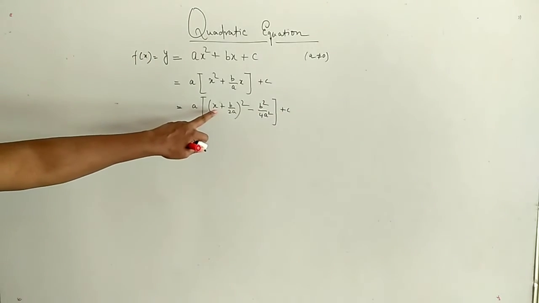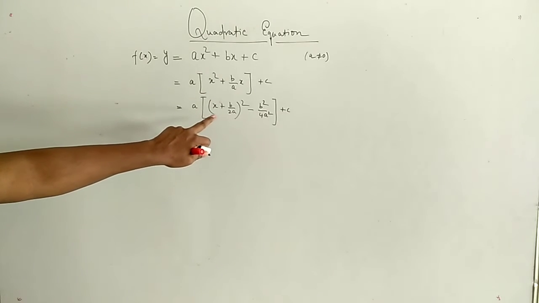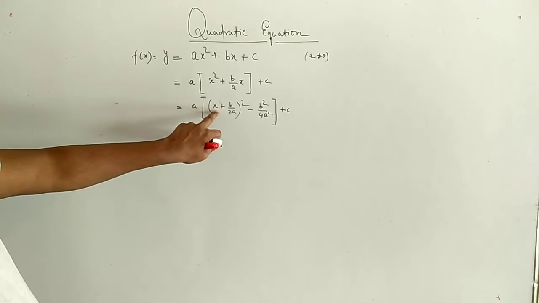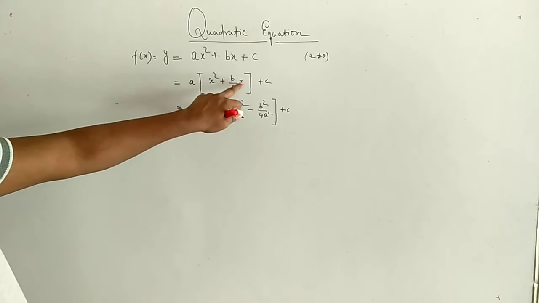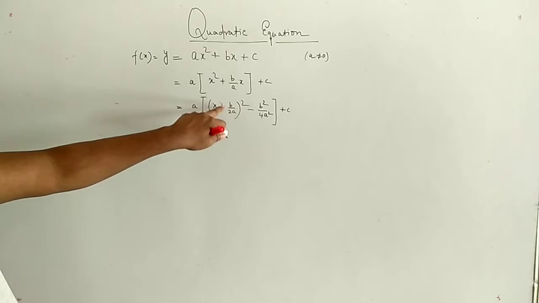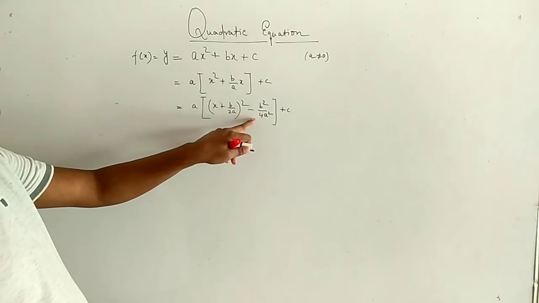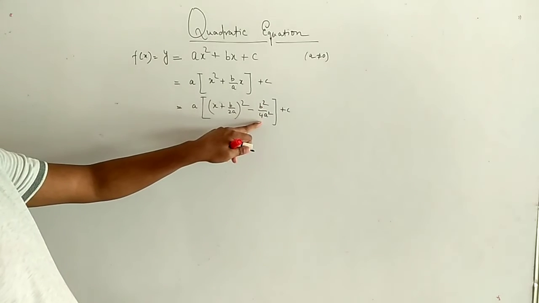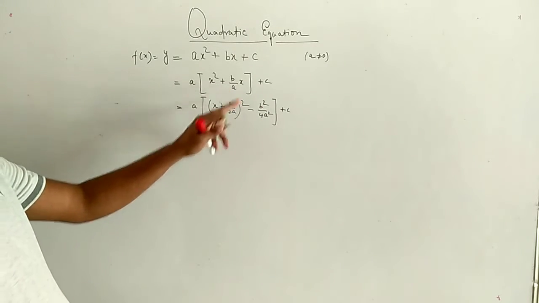So this one gives you x square, then 2 times this into this, so 2 cancels, it gives you the bx by a, this quantity. Now after expanding you get the third term as b square over 4a square, and this is also b square over 4a square, so these two cancel, so you get only these two terms.